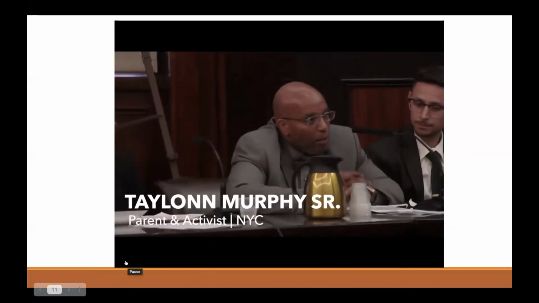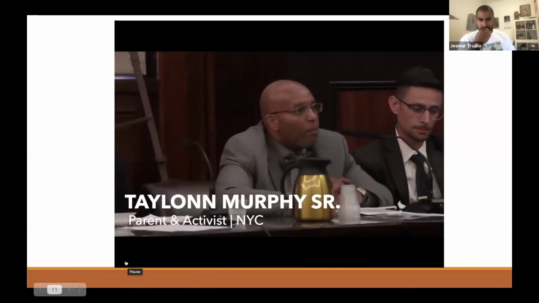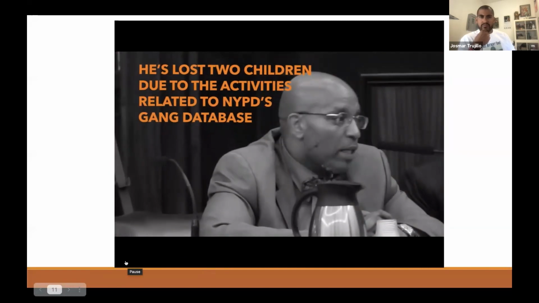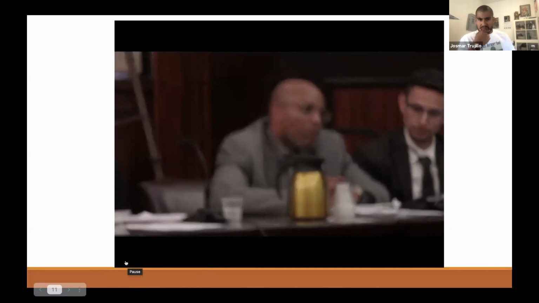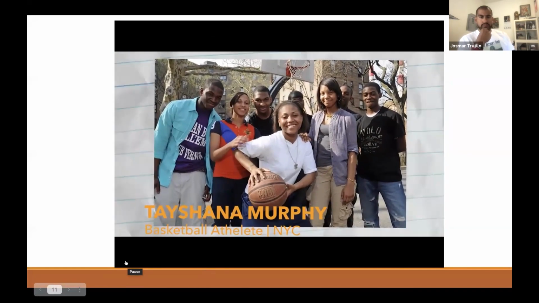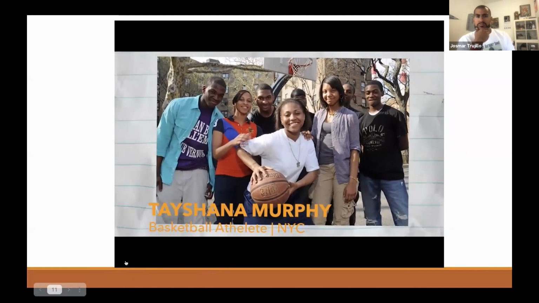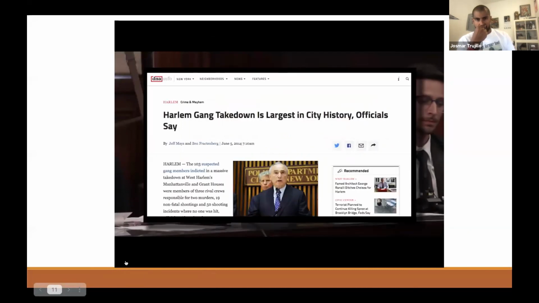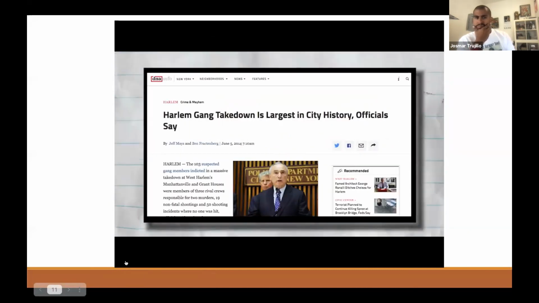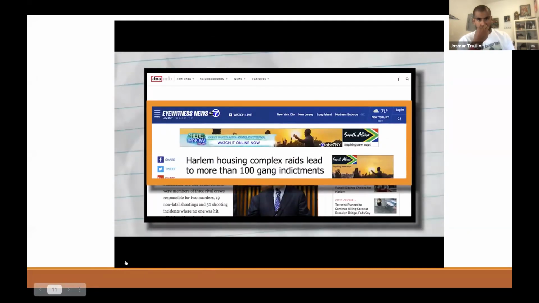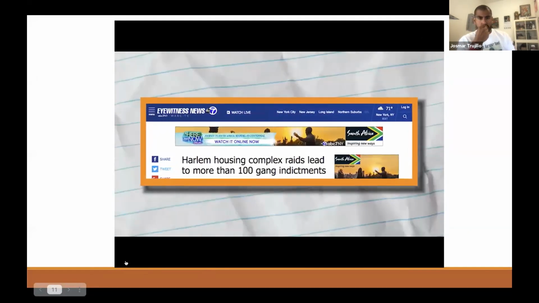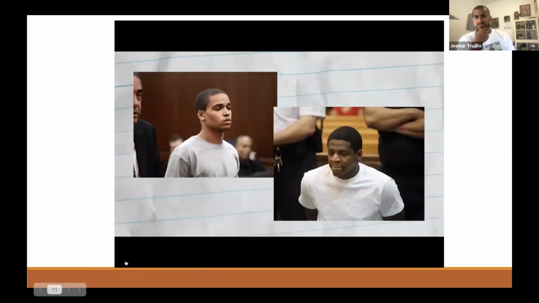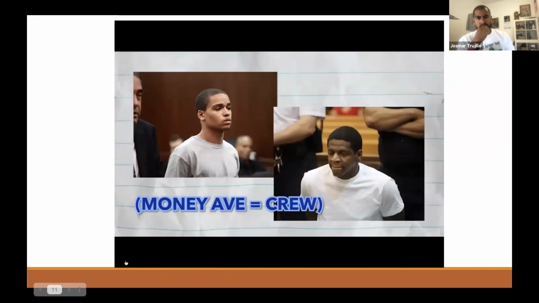My name is Taylor Murphy. I'm representing the people. He's lost 2 children due to the activities of NYPD's gang database. I'm also the father of Tayshana Chicken Murphy, a young lady that was killed in West Harlem. Her murder directly relates to one of the major gang raids in 2014. It led to over 100 arrests. It was all because the 2 men who were convicted of her murder were also part of Money Avenue.